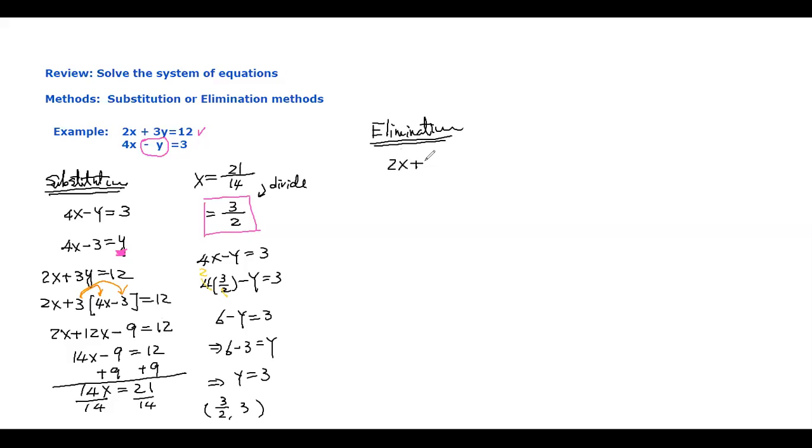So, okay, this is my equations, right? This is 2x plus 3y equals 12. This is 4x minus y equals 3. The elimination method basically tells you that you want to eliminate one variable. So I look here and say, hey, here's a positive 3y and here's a negative y.